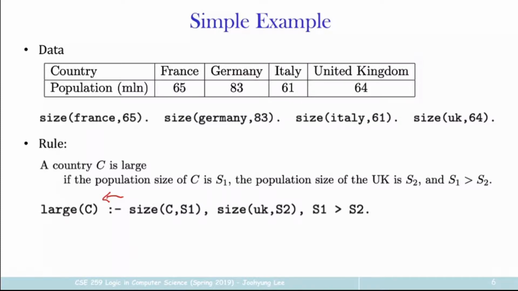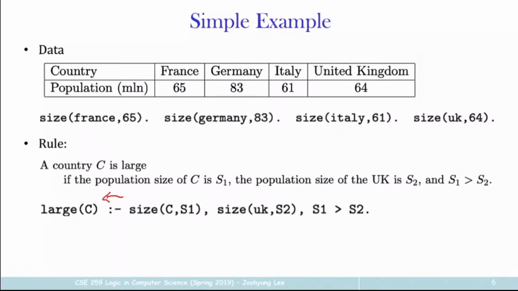For this class, it is probably easier to read from left to right. We define large(C) if the conditions on the right-hand side are true. So we say a country C is large if the population size of C is S1 and the UK size is S2 and S1 is greater than S2. That's what the English statement is saying.